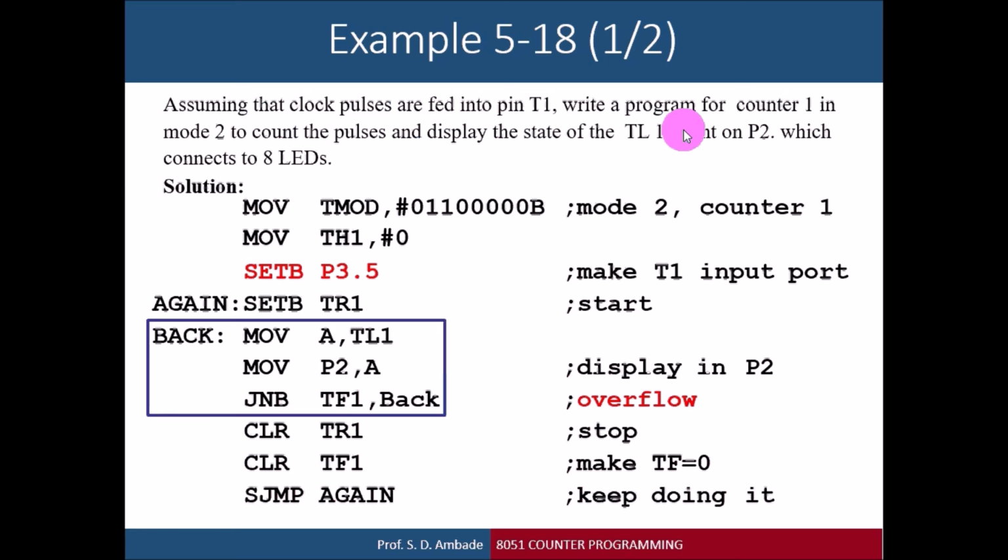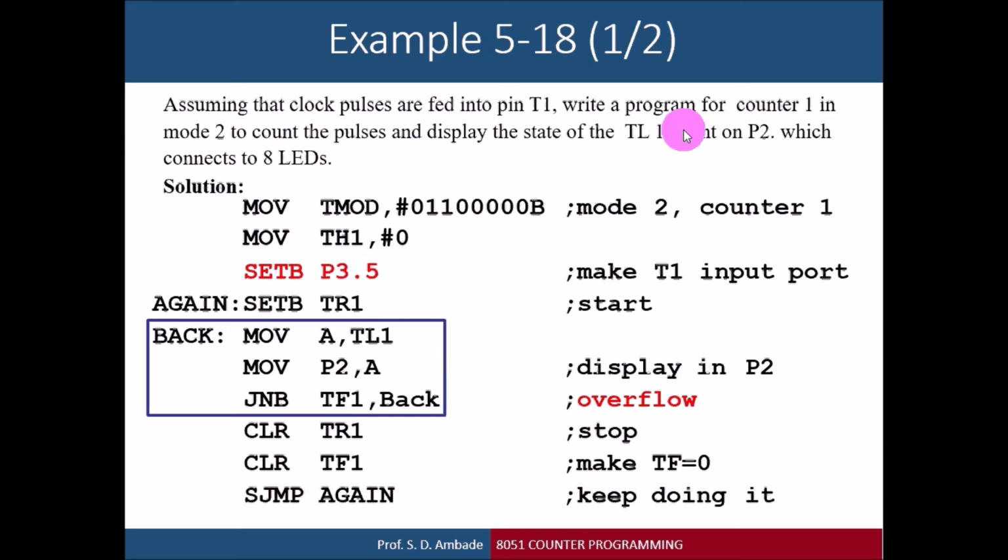Now, the next instruction is SETB TR1. TR1 is our switch to turn the counter on or off, the timer run bit for timer 1, for starting the counter. Then MOV A, TL1. The status of TL1 is sent to the accumulator.